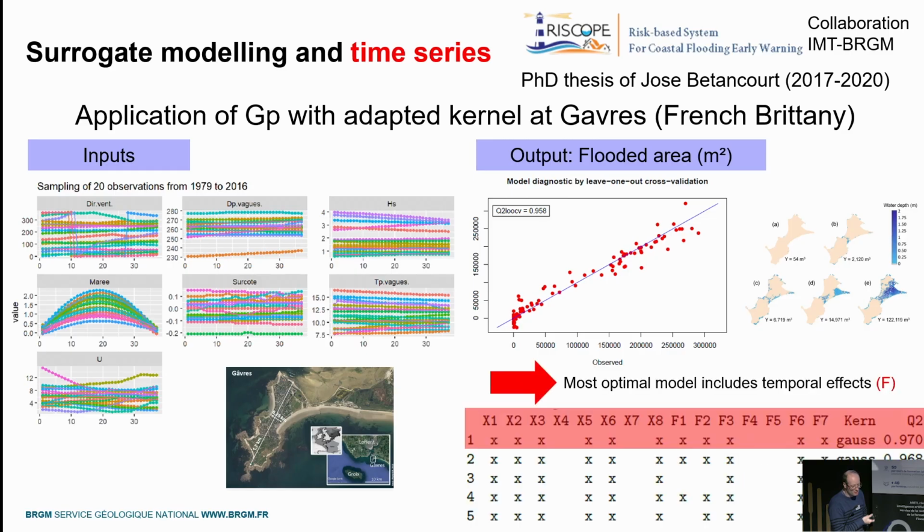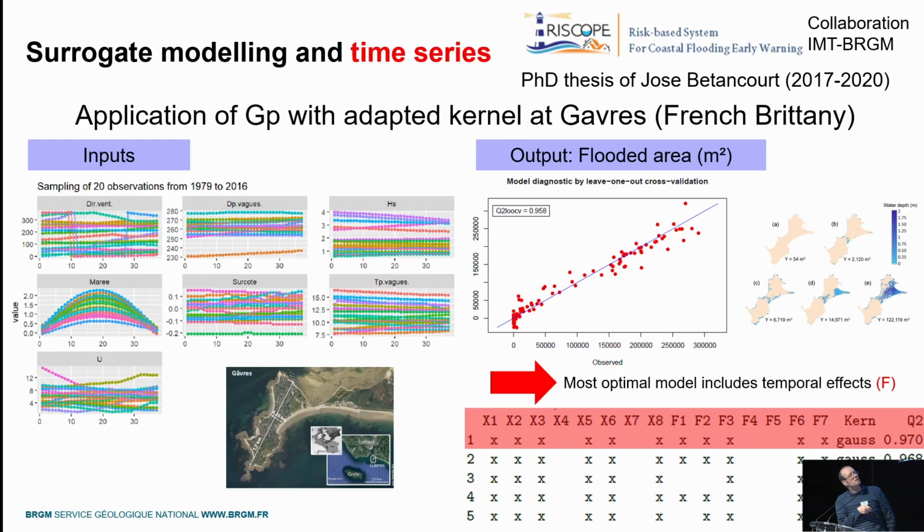But what is nicer is if we check now the 5 top models, the 5 optimal models, which are used to do the prediction of the flooded area. If you see a cross on the different columns, and you have a column termed F, capital F, this means that the functional nature of the input is very important.